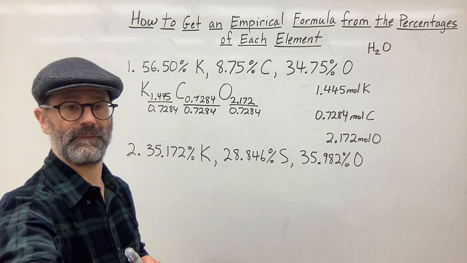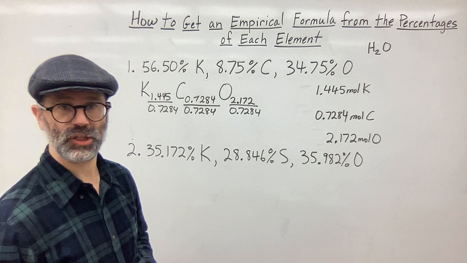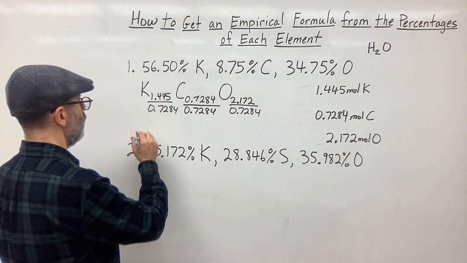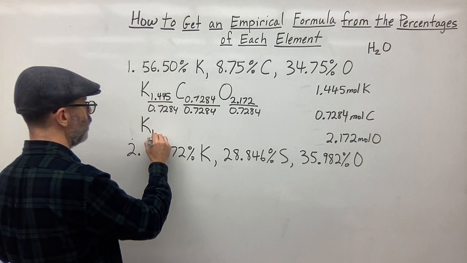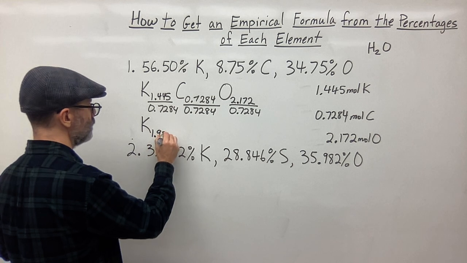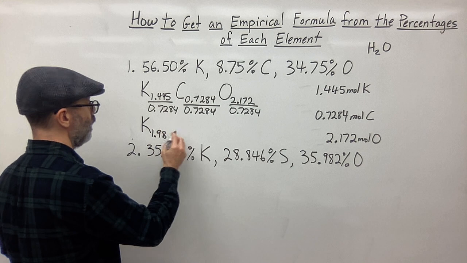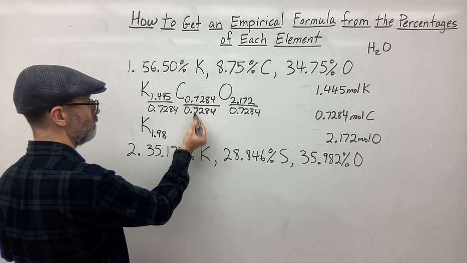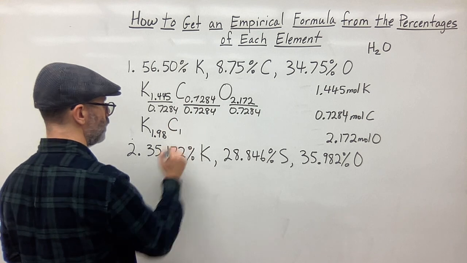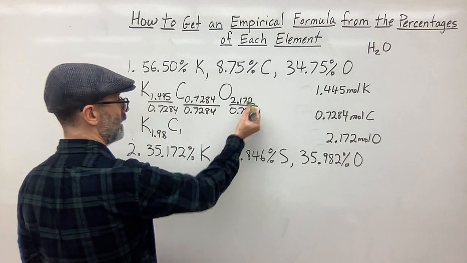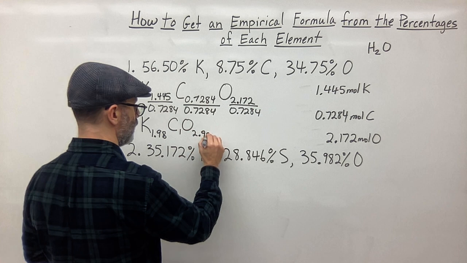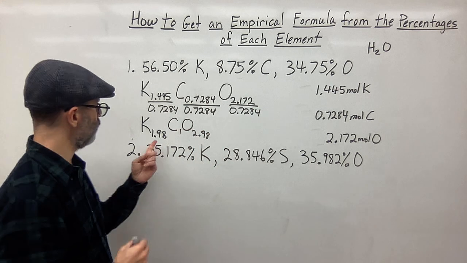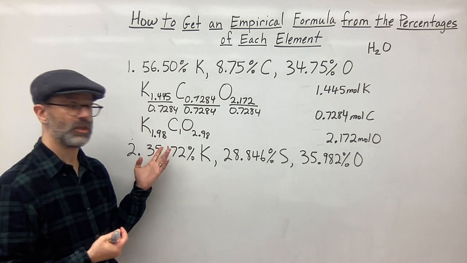When I do, I get 1.98 here, and of course, this divided by itself is going to be 1. And when I divide the oxygen by it, I get 2.98.